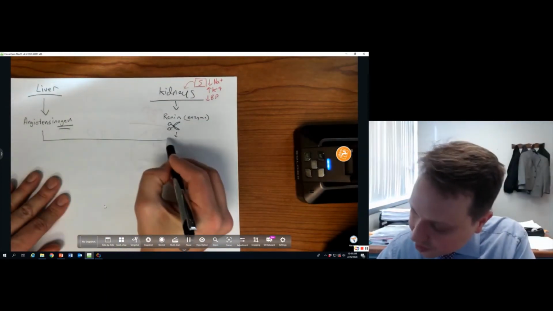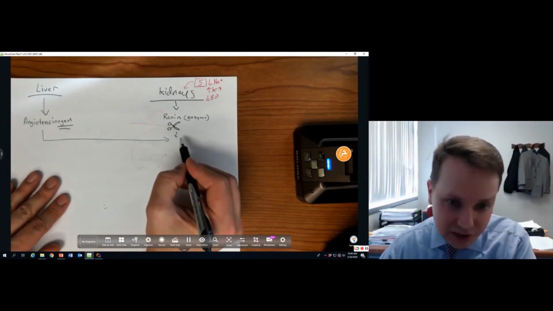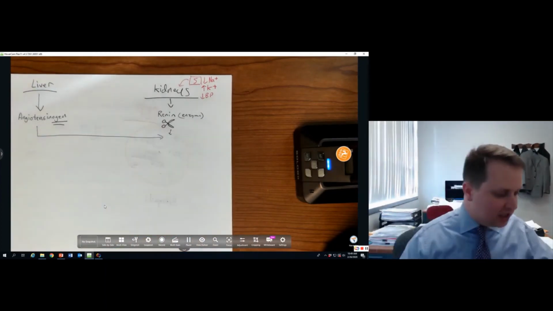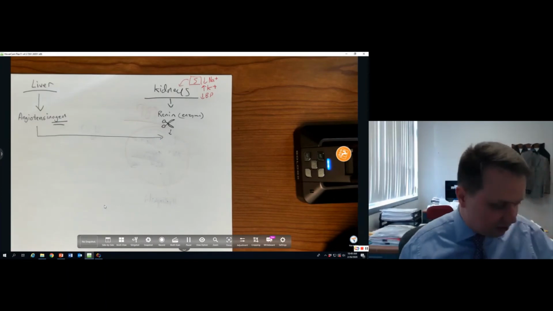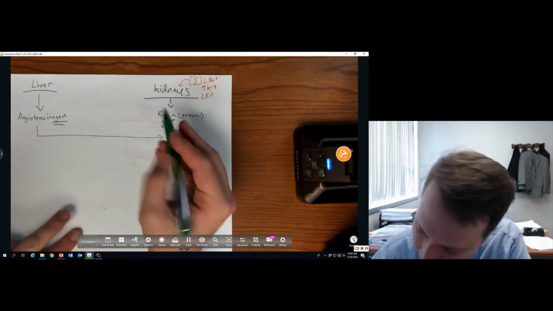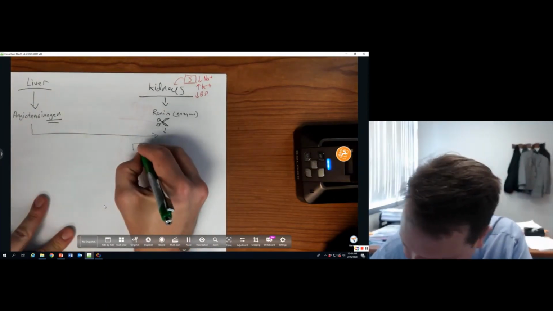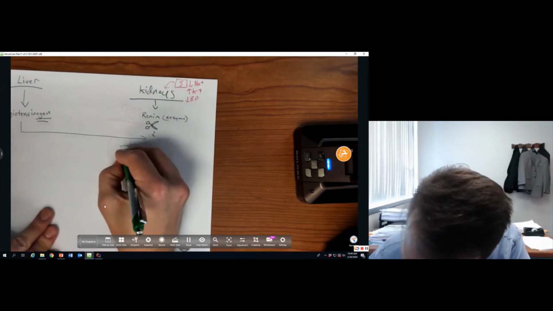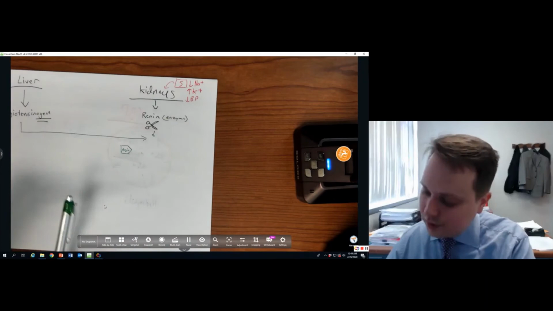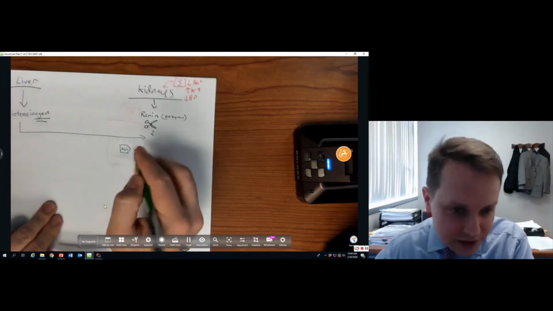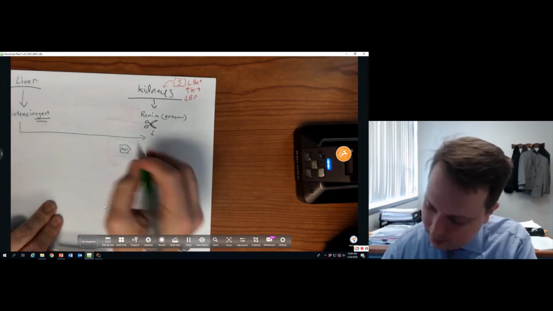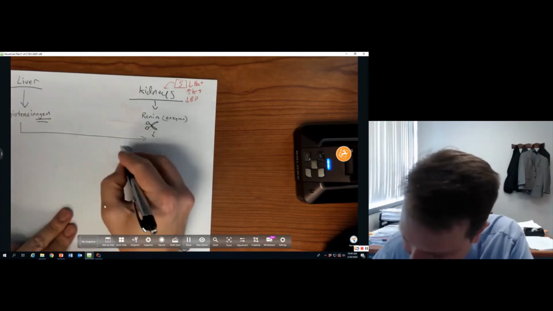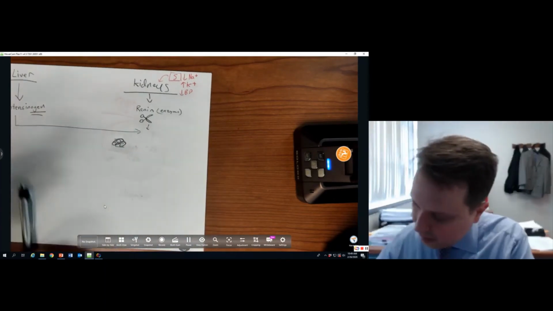angiotensinogen is going to come in and react. It's going to come to the scissors. Think of angiotensinogen like this. Let's say we have angiotensin here, and I need to make that a little bit bigger, sorry, so I can see it.